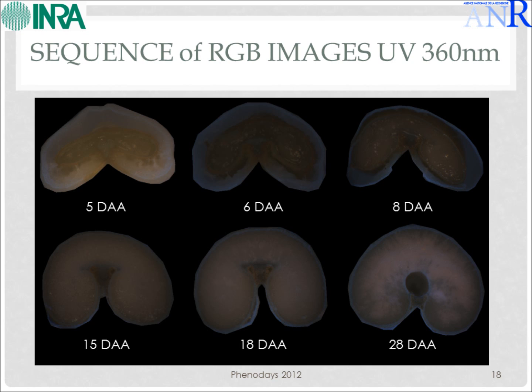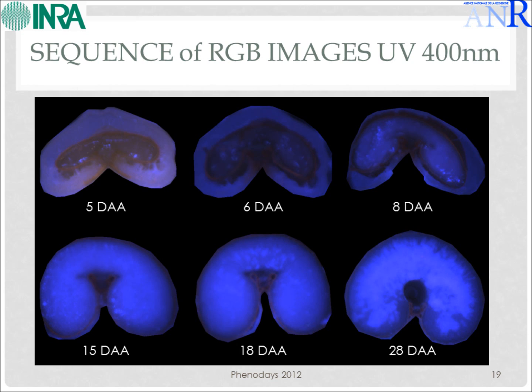Like here you can see the maternal tissue or parenchymatous tissue, and you can see these degenerations and the enlargement of the endosperm. So we obtain the same image with the UV 400.